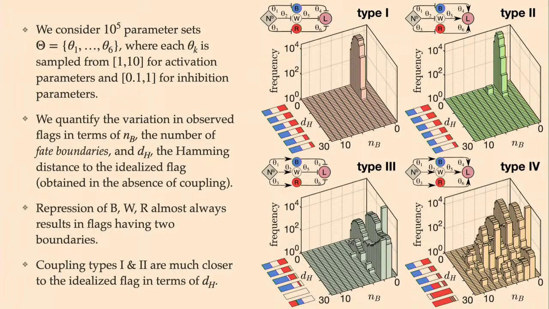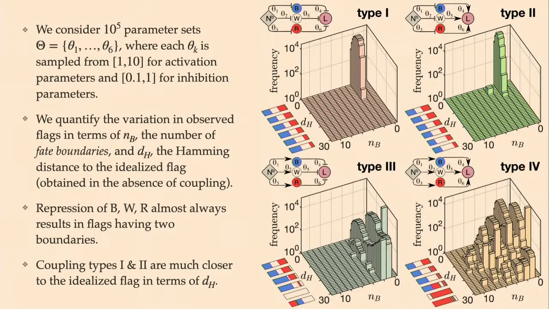The NB is strictly the number of boundaries. So here NB is 2, 2 boundaries, which is what we're seeing in all these cases: blue, white, red, 2 boundaries. And out of all the 10 to the power 5 trials, you're always seeing 2 boundaries. Okay, so that's what happens in type 1.